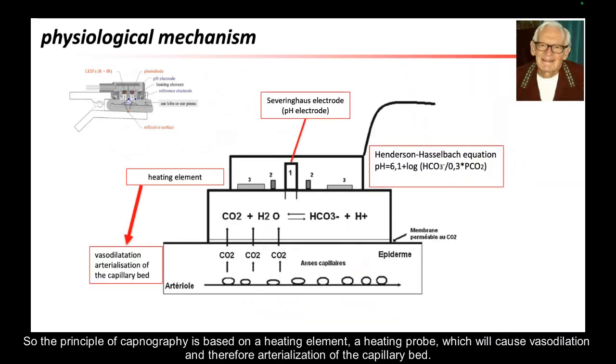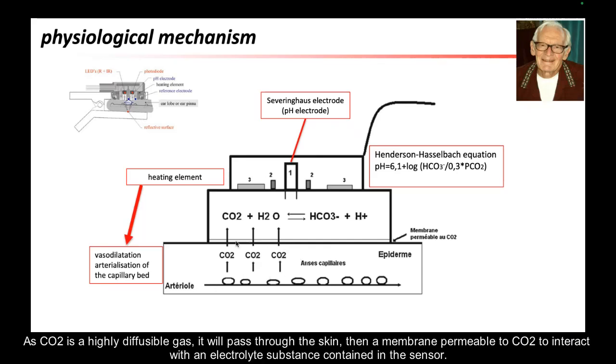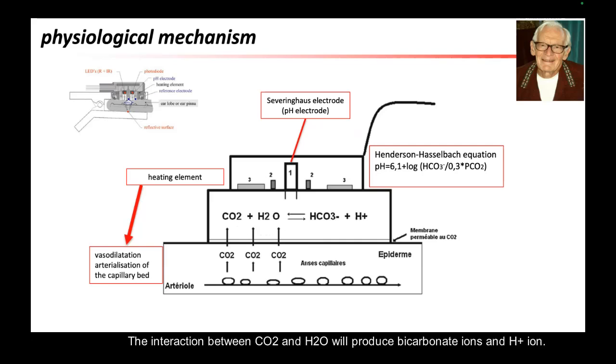So the principle of capnography is based on a heating element, a heating probe, which will cause vasodilation and therefore arterialization of the capillary bed. As CO2 is a highly diffusible gas, it will pass through the skin, then a membrane permeable to CO2 to interact with an electrolyte substance contained in the sensor.